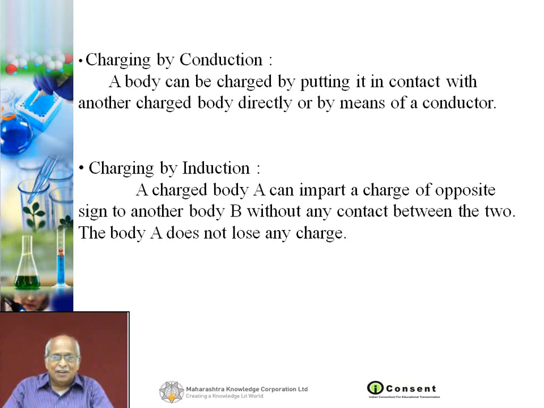Now if this metal sphere is touched to another metal sphere by means of a wire, by means of a conductor, obviously conductor is something through which charge can easily flow. So charge on the first sphere will be transferred to the other metal sphere. So in this way the other metal sphere will become charged.